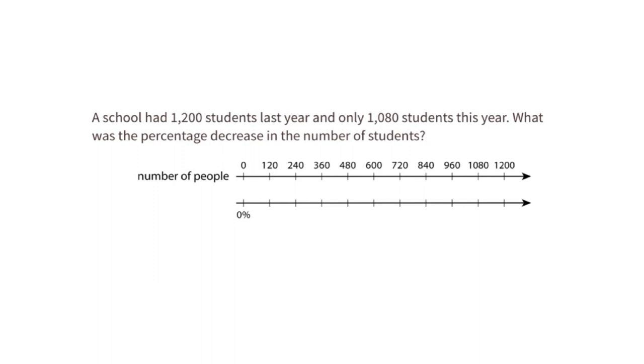So we had 1,200 students last year. That's my original amount, where we started. And then 1,080 students this year. So let's go find those on our number line here and here. We really just want to figure out how much we are decreasing, what percent. Now, 1,200 was last year.